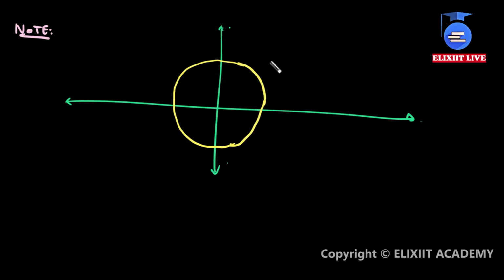Suppose I take a point over here, point P. I have told you that if this angle is theta, this point P is actually cos theta and sine theta. Let's say this is the radius of the circle, R, and you drop a perpendicular.